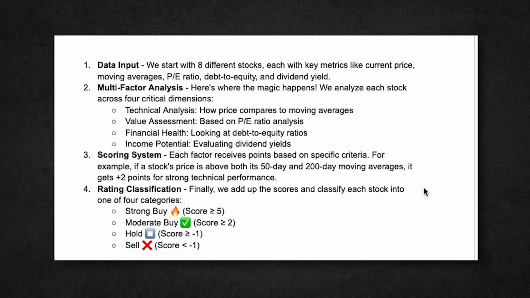Now let's proceed, and let me quickly explain what you're going to learn in this session. In the stock screener, this is how it will work. We'll have data inputs, then we'll do a multi-factor analysis, then a scoring system, in which it will score the different stocks on how they perform, and then you will rate each stock based on the performance.